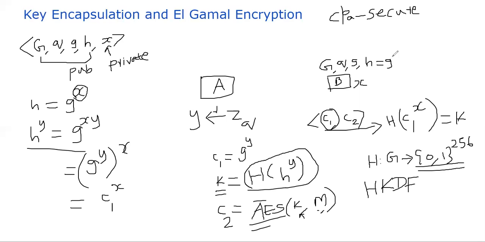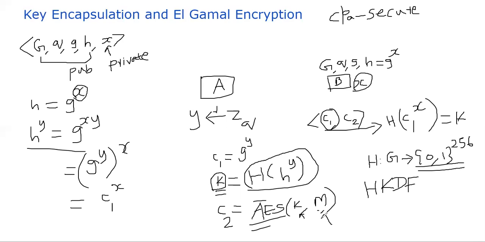And he keeps x private to himself. Alice will go ahead and randomly select a number y from Z_q, meaning from 0 through q minus 1. Alice will compute g to the power y, and then apply the hash function on h to the power y, because h is public, and use this K as the encryption key with regular AES encryption.